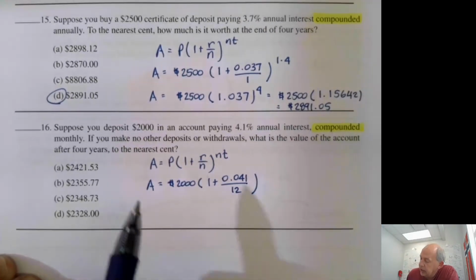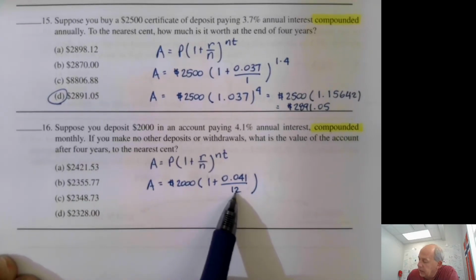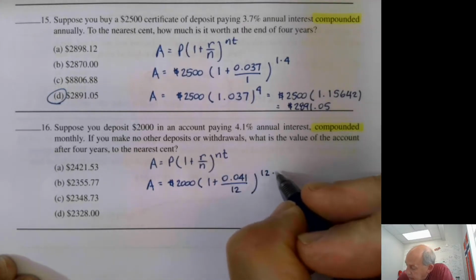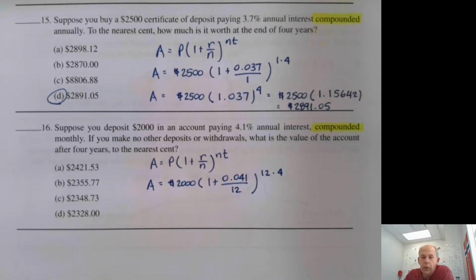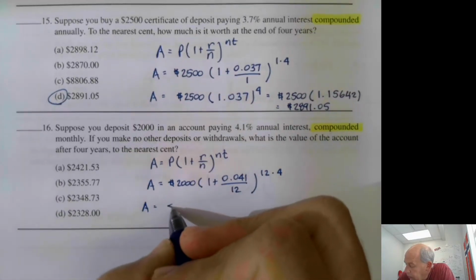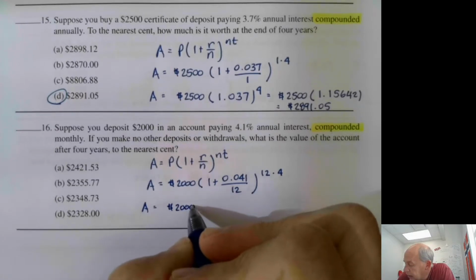I'm going to get an account where my money is compounded monthly. My N is 12, and I'm going to let it sit in the bank for 4 years. So there are all of my numbers in the formula. From here, it's time to grind it out in the calculator.